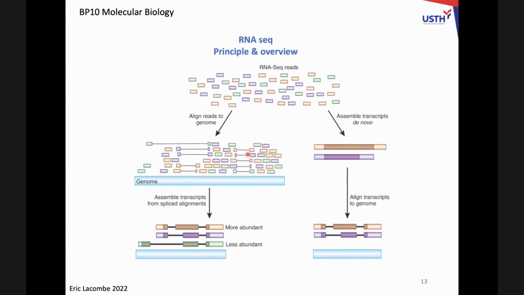From that, you make groups of sequences that have the same number of occurrences, and this underlies the fact that all these sequences are coming from one single RNA. And from that, you can conclude, okay, this version of this gene, in the case of alternative splicing, is more abundant than this one, and so on.